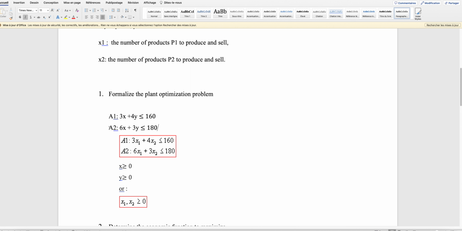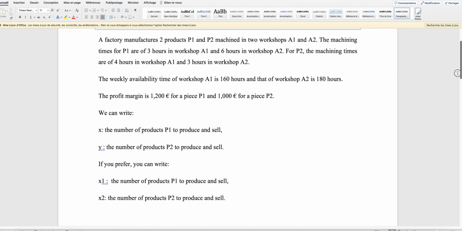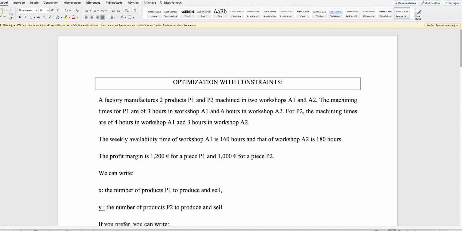Now the second inequation, in workshop A2. The machining time to produce one P1 is 6 hours in workshop A2.